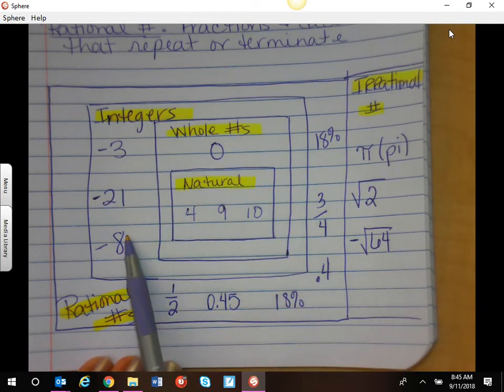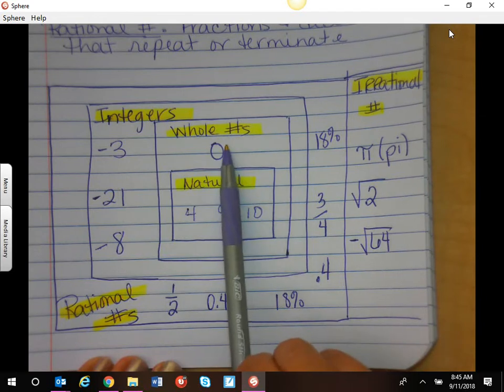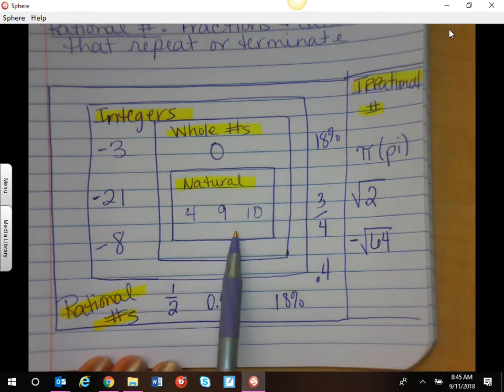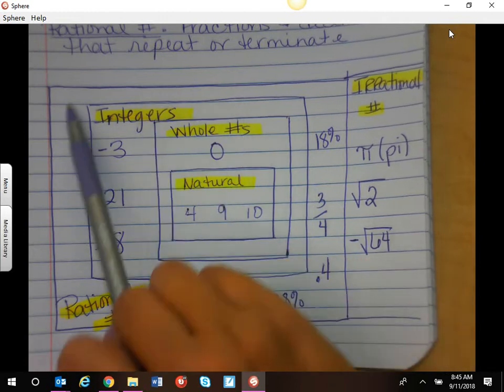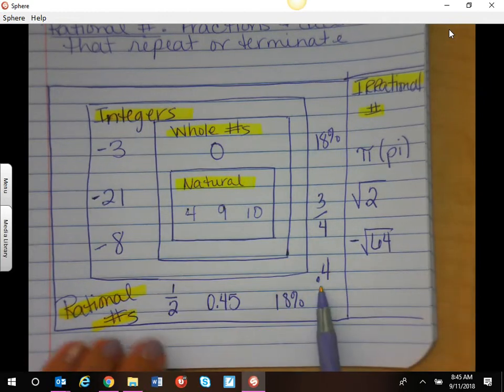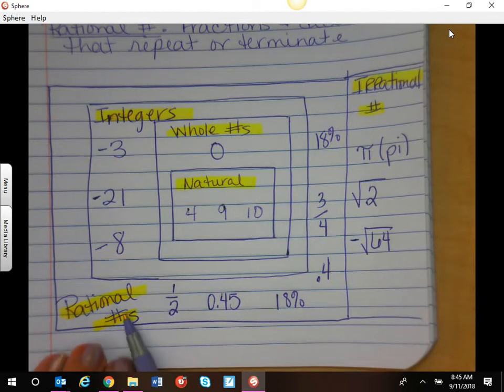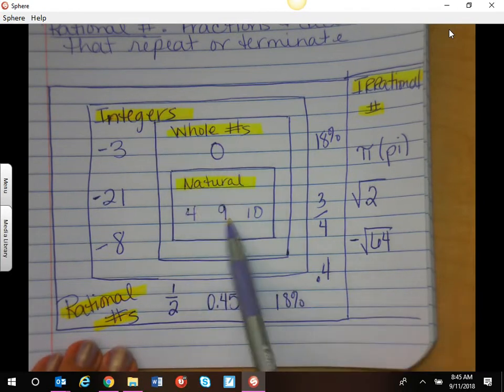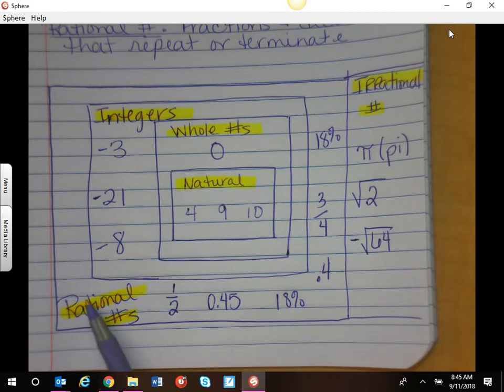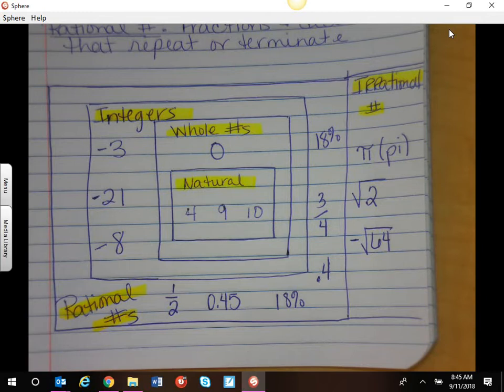We could say we live in Texas, we could say we live in Bexar County, we could say we live in San Antonio, which is also in the United States. So integers, whole numbers, and natural numbers are subsets of rational numbers. Okay? So that's how you can make that connection.